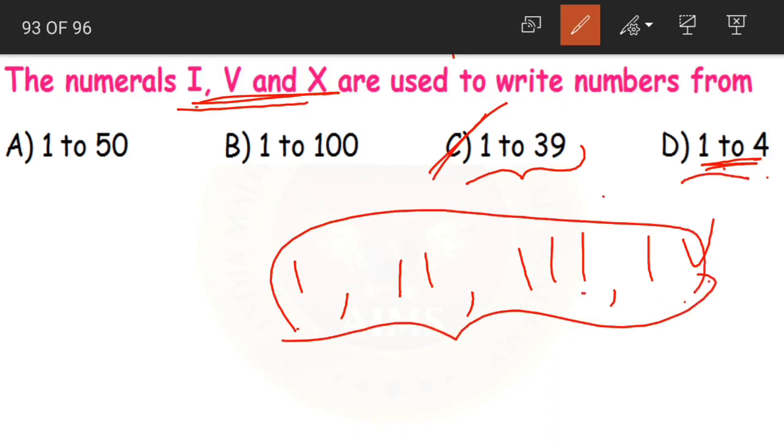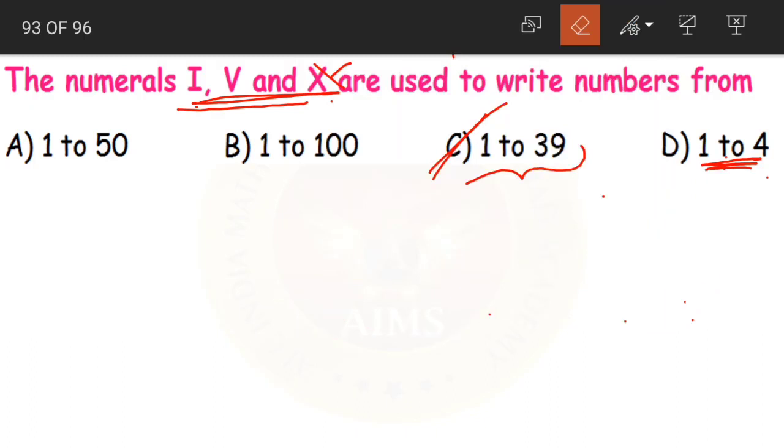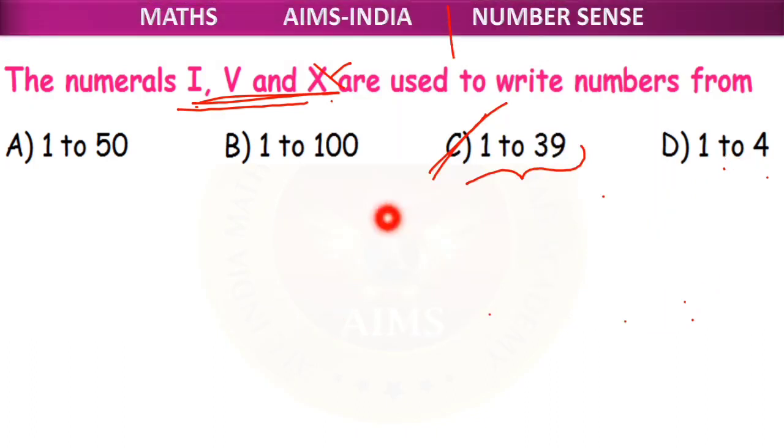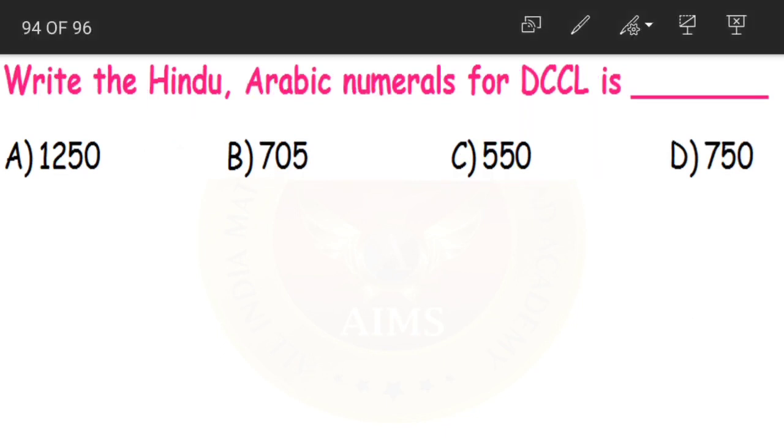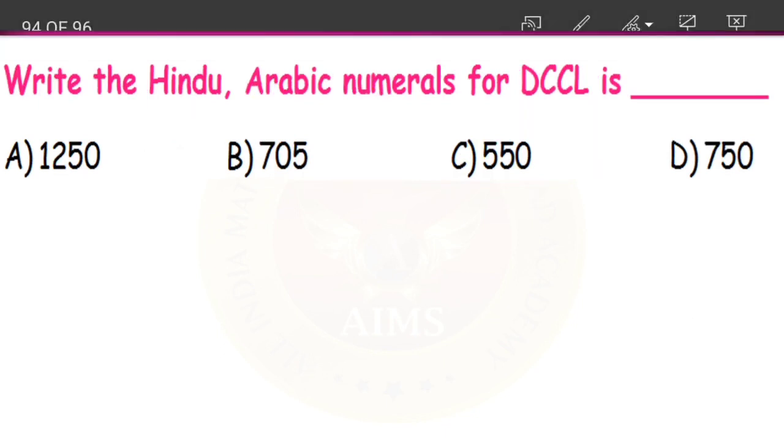These numbers are formed using only I and V. X is also not needed. So the correct answer becomes option C, 1 till 39. Okay children, remember whenever I ask you what numbers can be written using these three symbols, that would be 1 till 39.